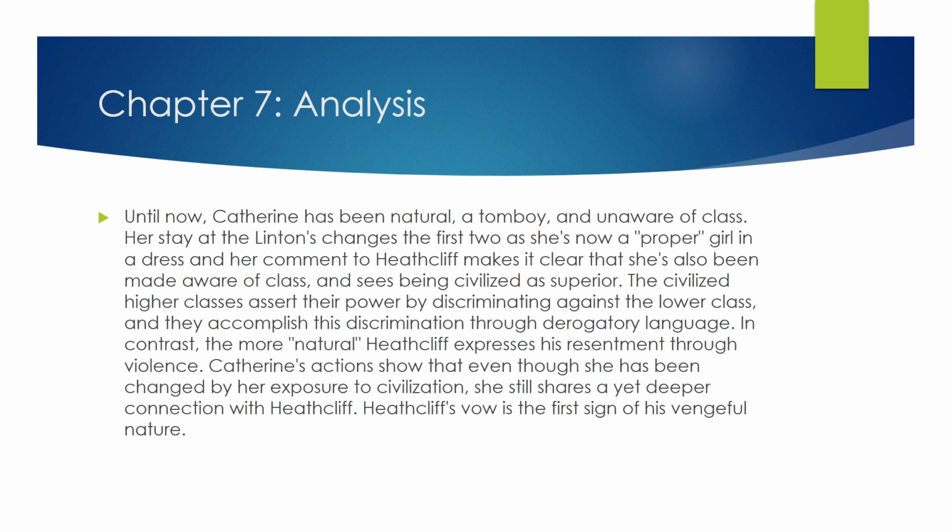Catherine's actions show that even though she has been changed by her exposure to civilization, she still shares a yet deeper connection with Heathcliff. Heathcliff's vow is the first sign of this vengeful nature.